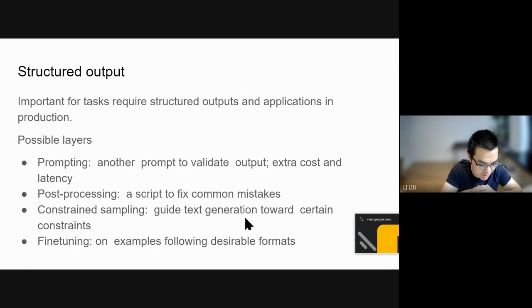Lastly, the book talks about fine-tuning. Essentially, it's to add another layer on top of the model. For example, you want to have a classifier model, and then you build a system so that the output and the examples for that model follow the desirable format.